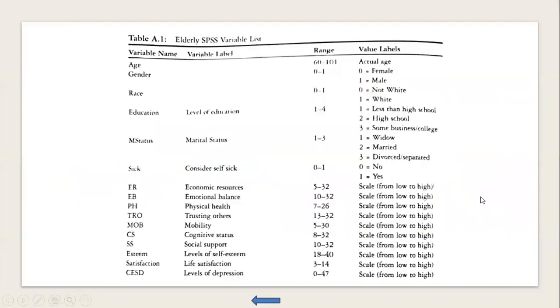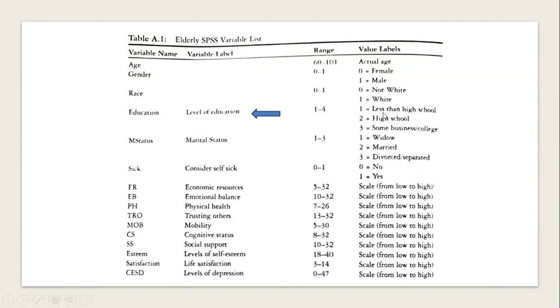Now here's an example in an actual data set. The only ordinal level variable in our data set is level of education. And although it may appear that this variable is measured at the nominal level, it actually is not. It is measured at the ordinal level.